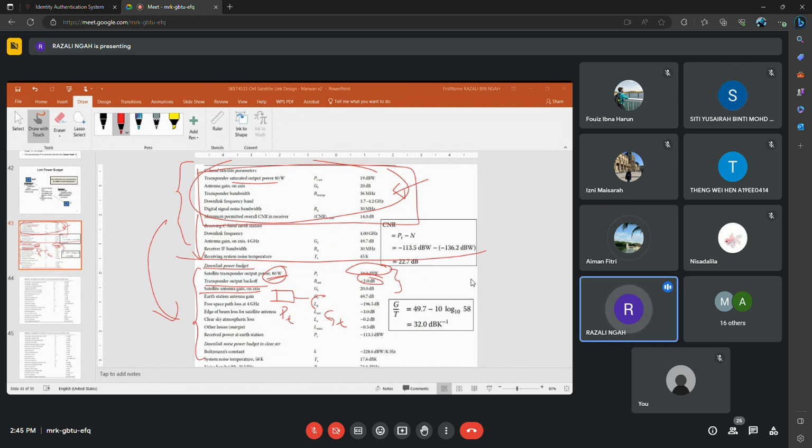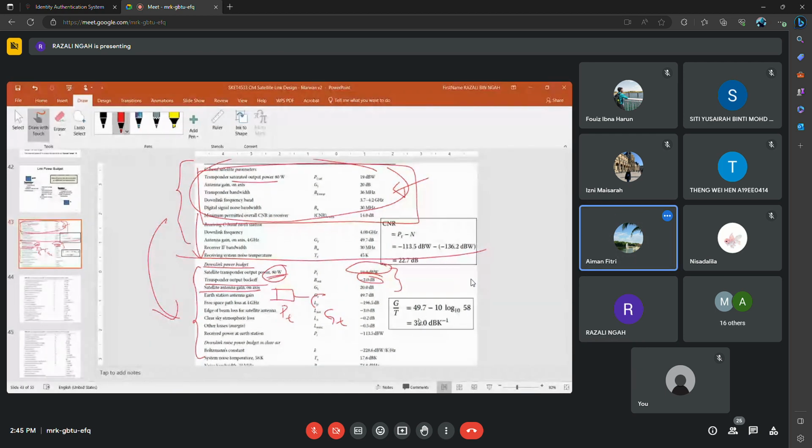So what is EIRP for this based on this? 37. How do you get the answer? Use the formula EIRP equals PT minus LB.